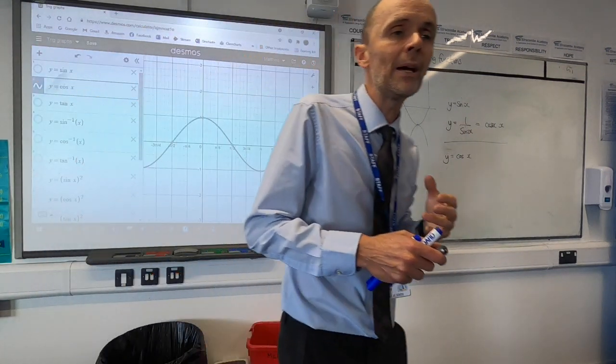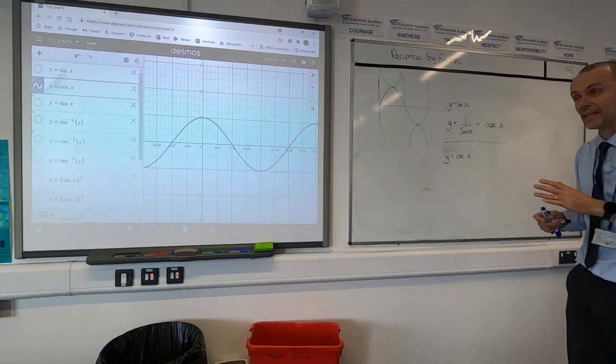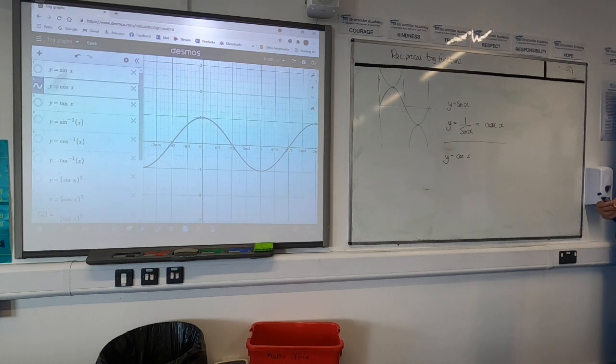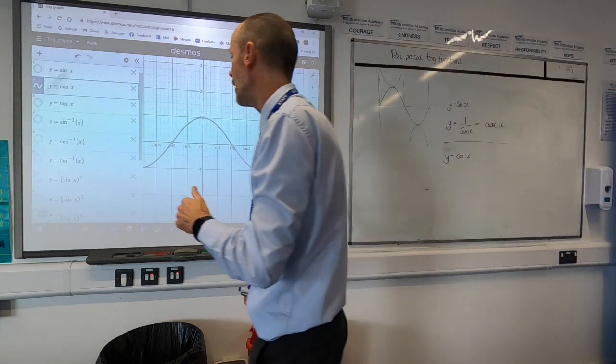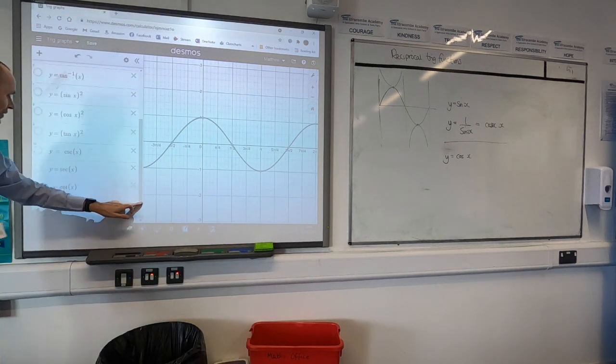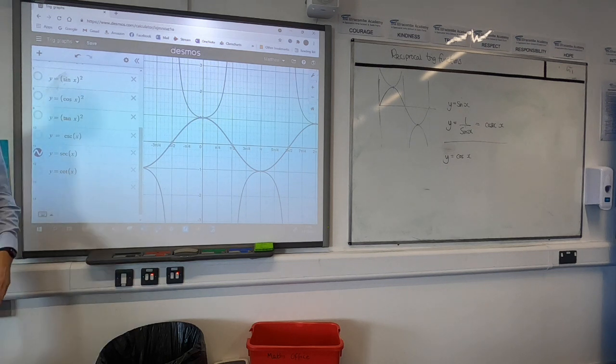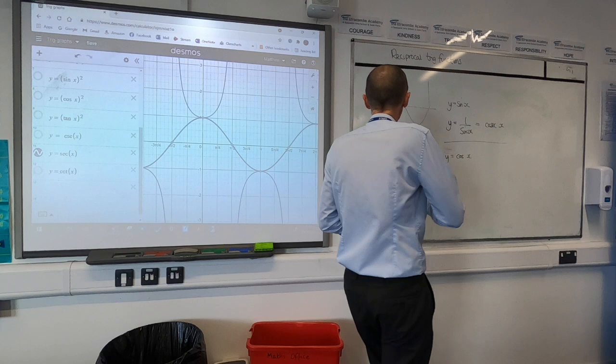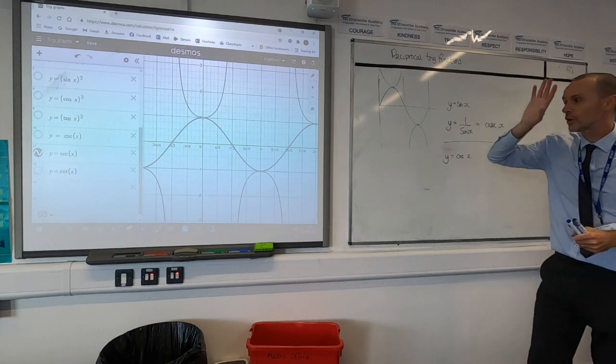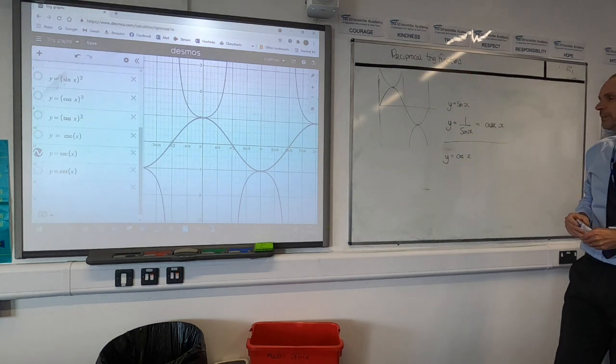Now the good thing about cos x is that it is the same shape as sine, it's just shifted along. So the graph of 1 over cos x will have a similar shape to the 1 over sine x graph, won't it? It's going to just be lined up perfectly with the peaks of the cos graph, whereas that one was lined up with the peaks of the sine graph.